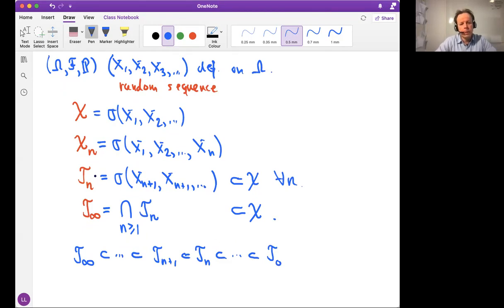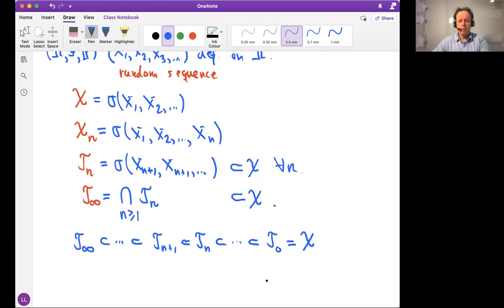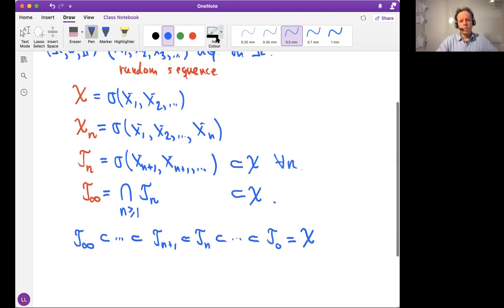And T0 is actually equal to X, the full sigma algebra generated by the sequence. So this is our first remark. With T infinity being the intersection of everything, we can also write that the Tn sigma algebras are decreasing towards this limiting sigma algebra.